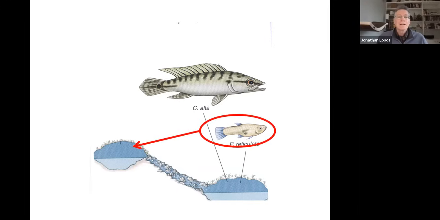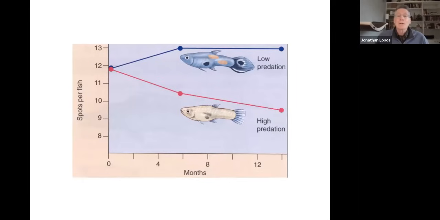And indeed, that's exactly what happened over a remarkably short period of time, just a couple of years, a few guppy generations. He then repeated that experiment in the laboratory, where he created artificial but very realistic pools with and without predators. And as you can see, over a period of 14 months, populations diverged in the same way, becoming much more colorful in the absence of predation.